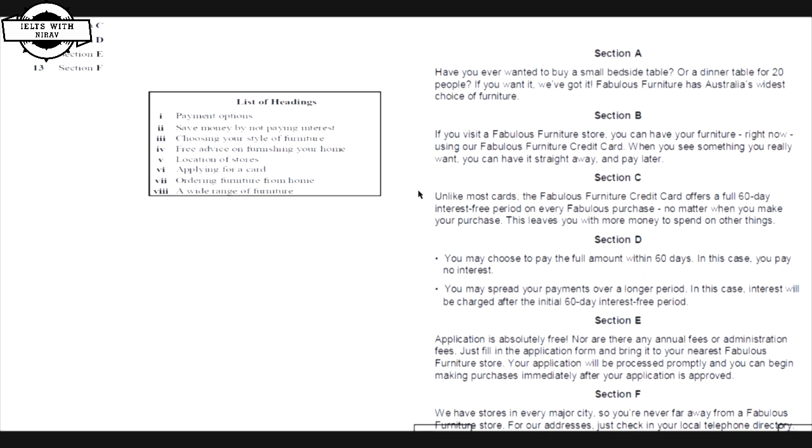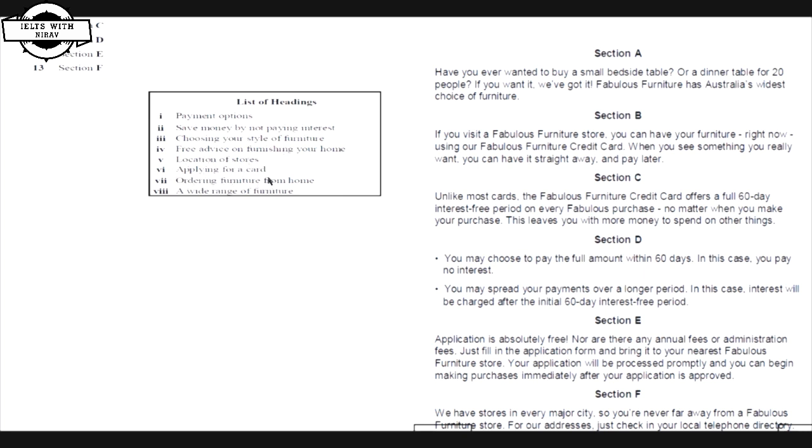First of all, you have to read the headings. You have to understand their meaning. So let's read. First one is payment options. Second is save money by not paying interest. Third is choosing your style of furniture. Fourth is free advice on furnishing your home. Fifth is location of stores.